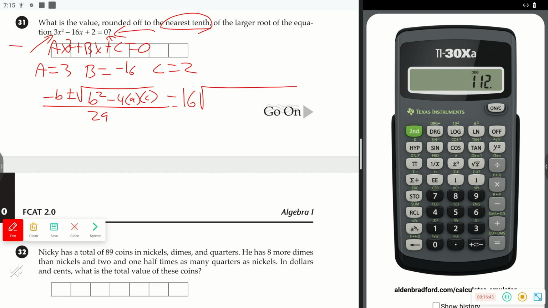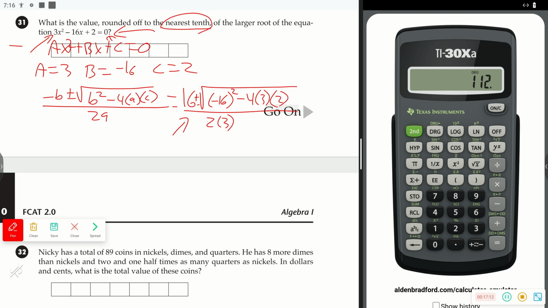Whenever we plug in the value for B, we're going to put it in parentheses. So this time the negative is inside the parentheses, squared, minus 4 times A, which is 3, times C, which is 2, all divided by 2 times A. So that's going to be 2 times 3. And now if we just solve this, oh, it's plus or minus. I didn't put the plus or minus.